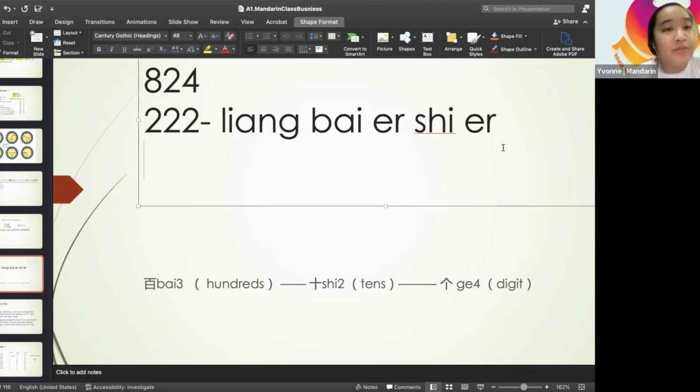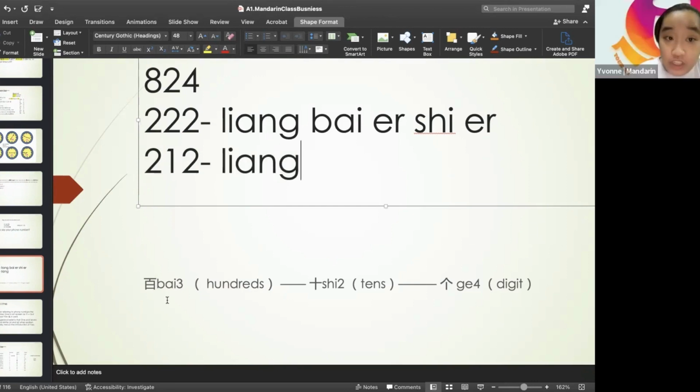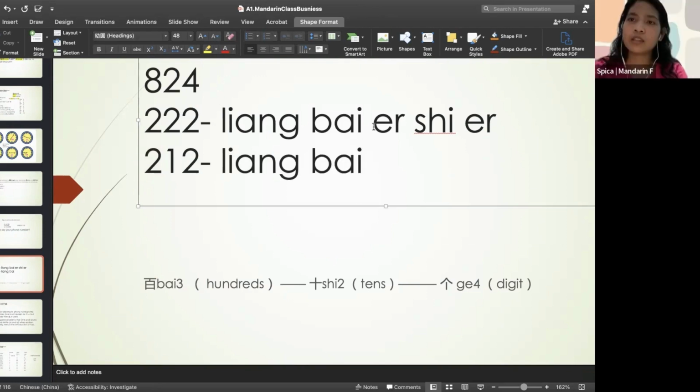Another example, 212. So we know that the 200 here would be 两, right? So we will go with 两. Then the digit, 百. And then here, now should I say 二十 or 十二?